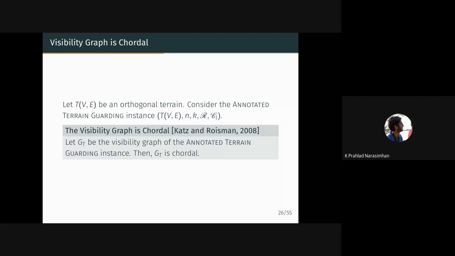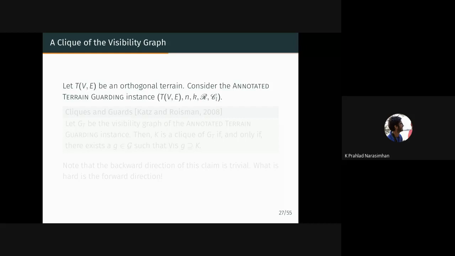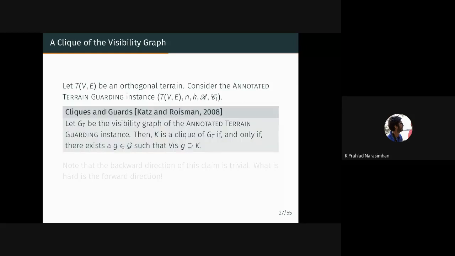But what they said was that the visibility graph of this particular annotated terrain guarding instance is chordal. They also said something a little more interesting. They said that for this particular instance, a clique in GT is exactly defined by the set of subgraphs which are defined by one guard seeing all of them.